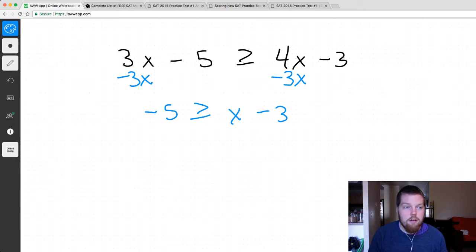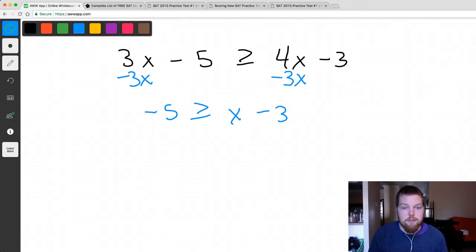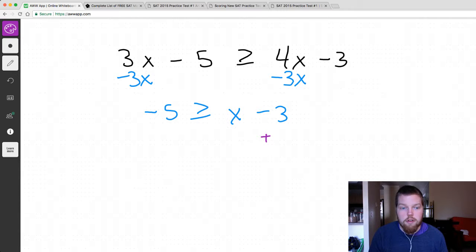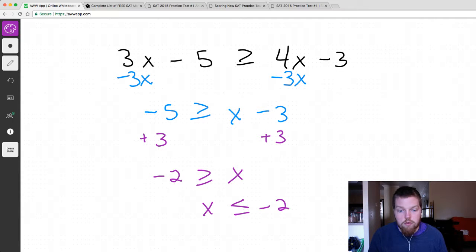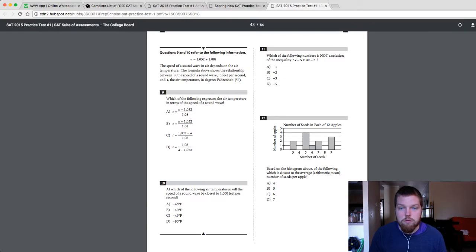And then we're going to add 3 to both sides, and negative 5 plus 3 is negative 2 is greater than or equal to x. And then if we rewrite that with the x first, x needs to be less than or equal to negative 2 in order for this equation to hold. Less than or equal to negative 2.